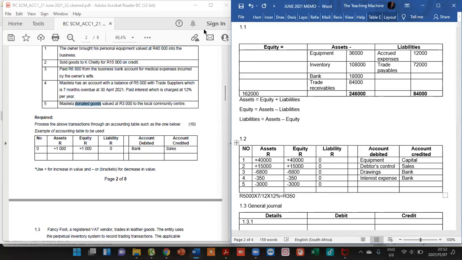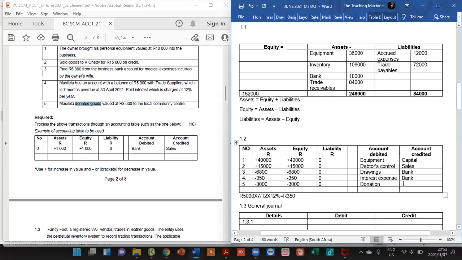Yes, donations will be debited, same as the interest expense. Once you see an expense in a transaction, please make an entry on the debit side. So donations, thank you very much, will be affected.